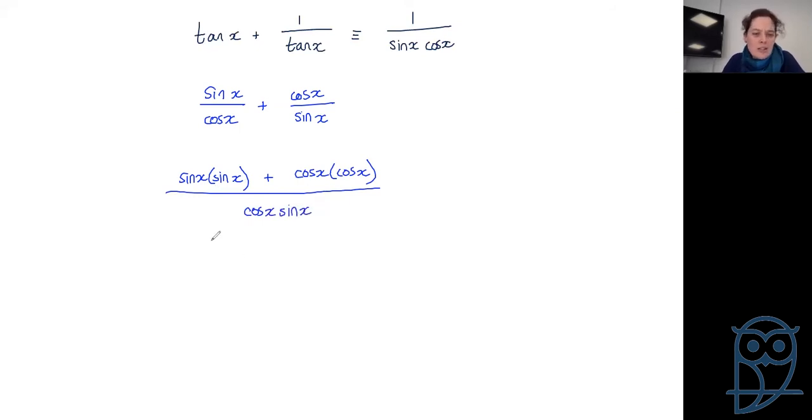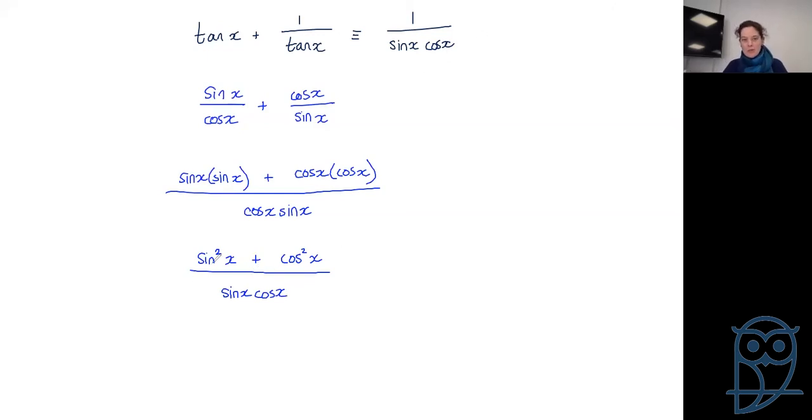Now what have we got on top? We have sine squared x plus cos squared x. And on the bottom, cos x sine x is multiplication, it's the same as sine x cos x. So we've got the bottom of our end story.